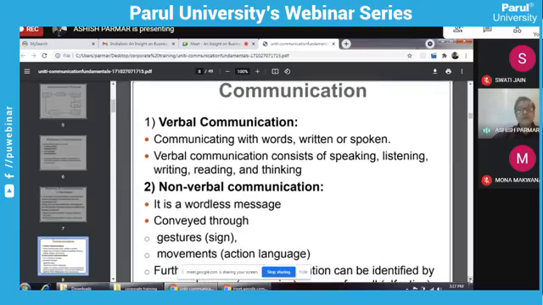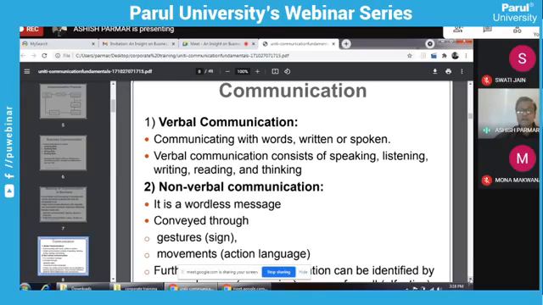Now, the main two basic types of communication: verbal and non-verbal. Verbal communication means the words which we are using, either in written or in spoken manner.